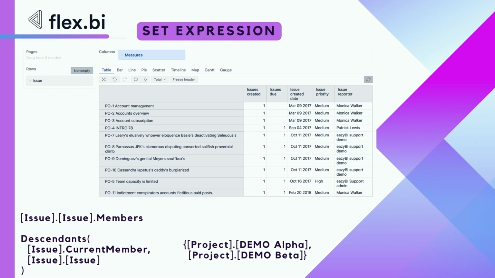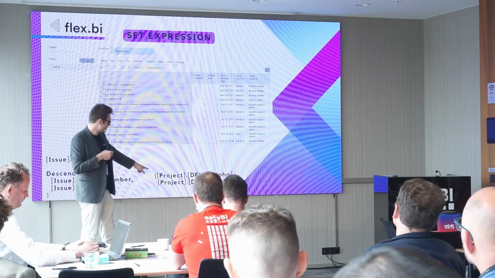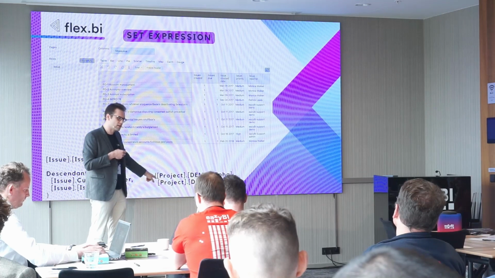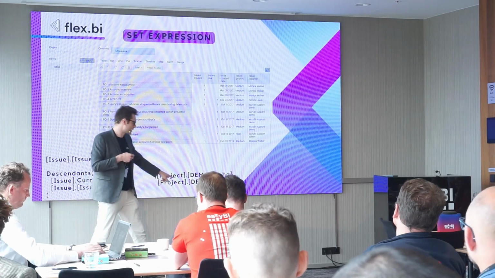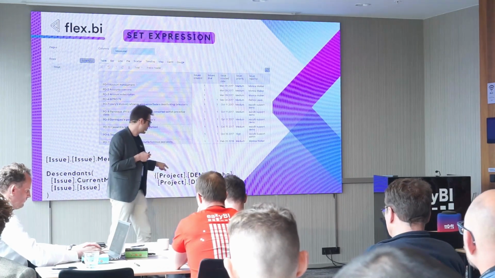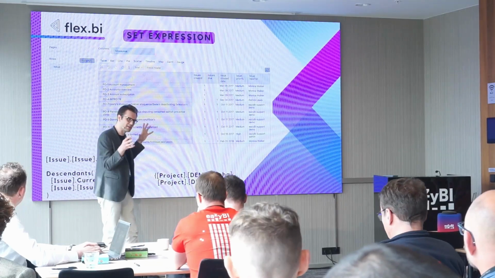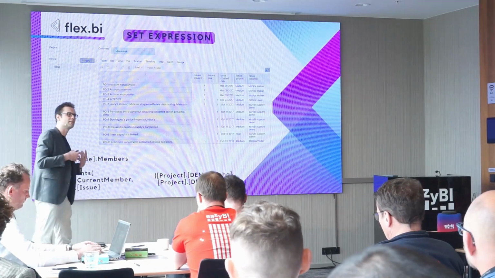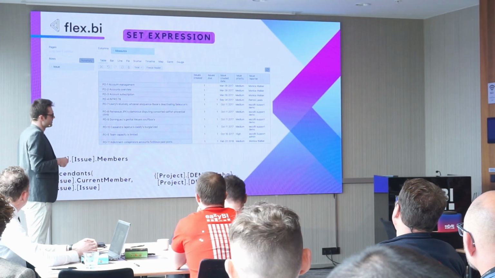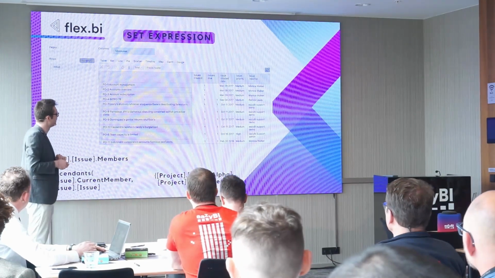There are multiple ways to get a set with MDX. You can use functions like .members, you can use the descendants function, and there's a specific syntax in eazyBI with curly brackets, where you can put multiple members, and eazyBI will be like, oh, that's a set, because we have the curly brackets here.